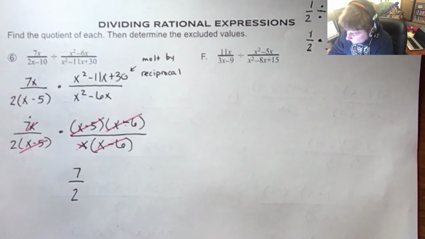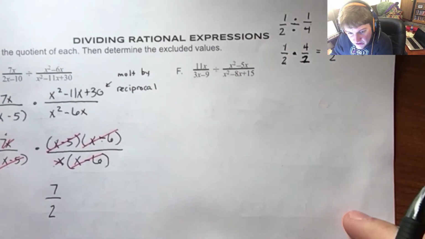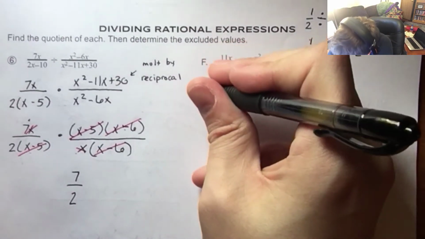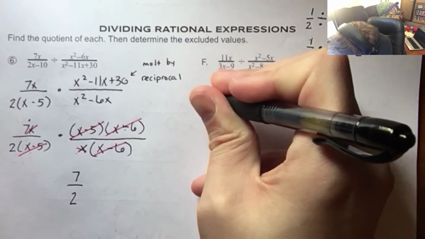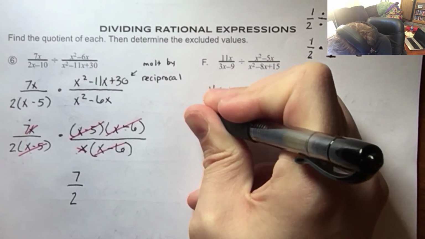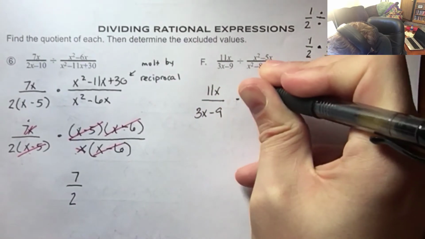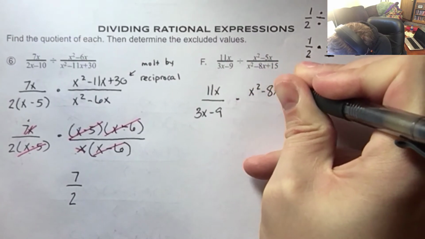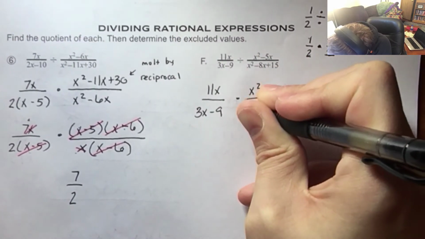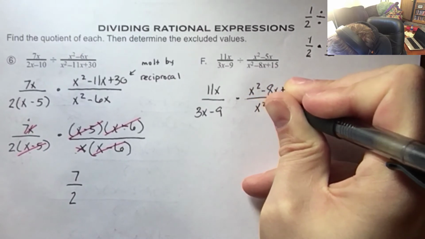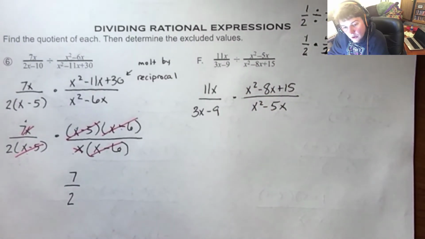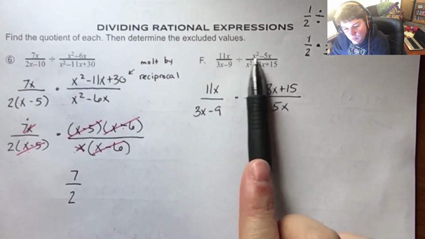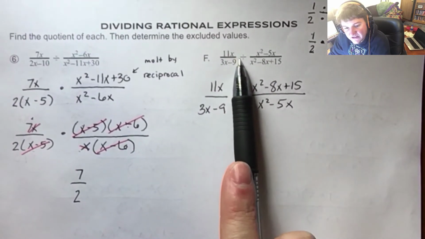Okay, so hopefully we're identifying that we can turn this into a multiplication problem. So I just wrote everything back down, but then I said, hey, this division is multiplication.